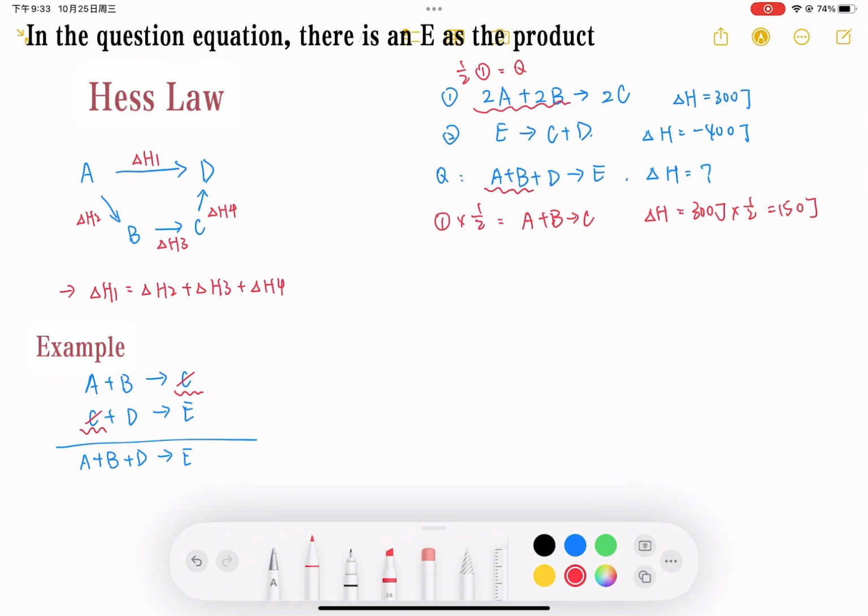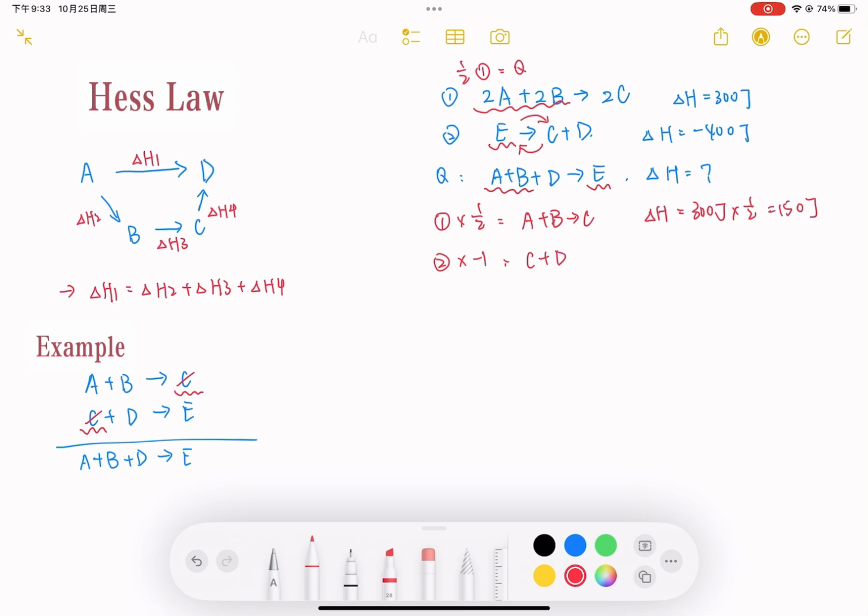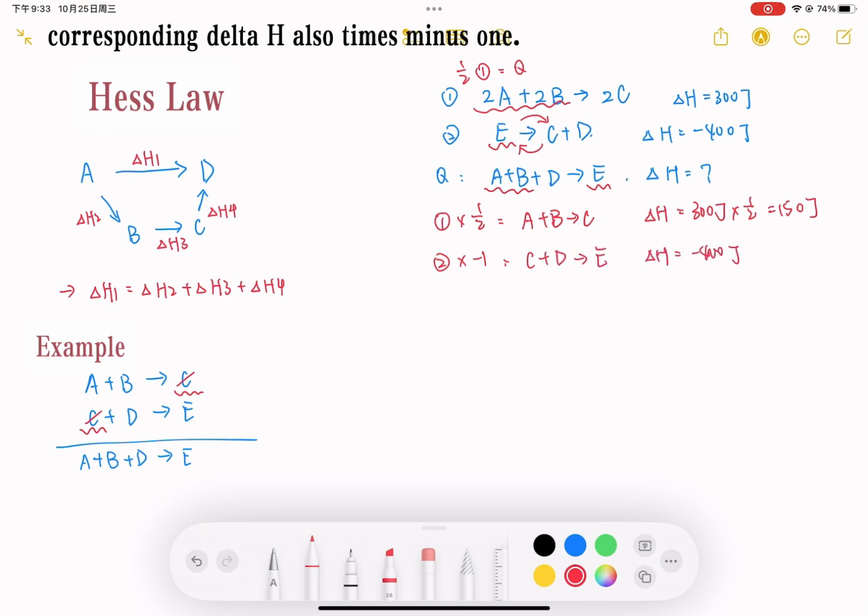In the question equation, there is an E as the product, but in equation 2, the corresponding E is a reactant. So we can multiply equation 2 by -1 to make products and reactants exchange. The corresponding delta H is also multiplied by -1.